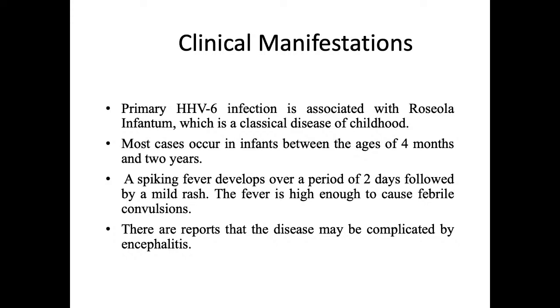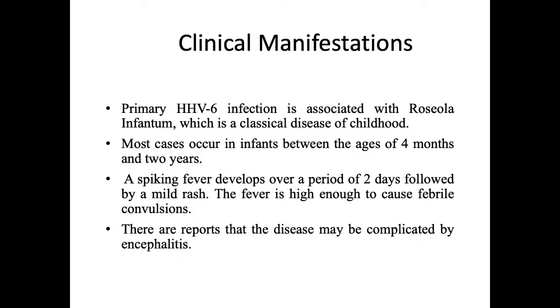Which is the most common clinical manifestation? This is Roseola infantum. So we now are covering the next childhood illness with the rash, and this disease is common among children from 4 months to 2 years of age. And first the disease starts with the fever, very high fever.